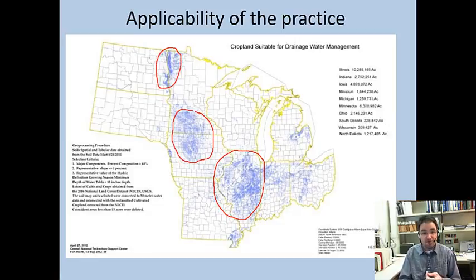Not each part of a given state would have the same amount of area suitable for this. So this is really a practice that is most applicable to some of our flatter areas, and so we need to be targeting some of our work with producers in those areas to try to get as much implementation of this practice as possible.